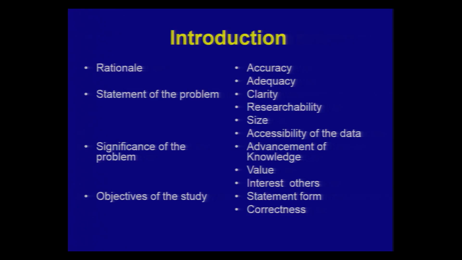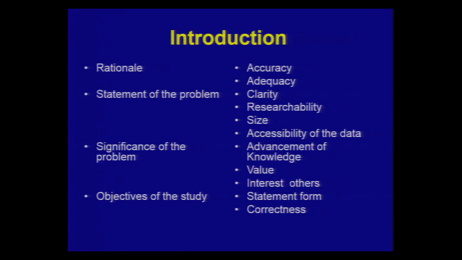Otherwise, a researcher can also include research questions in the first chapter to which one would like to find an answer. So objectives need to be very specific, they need to be in the statement form, and they need to be correctly specified by taking into account the various variables of the research study. So one needs to look into the statement form, correctness of the objectives and the adequacy of the objectives in terms of the variables included in the study.